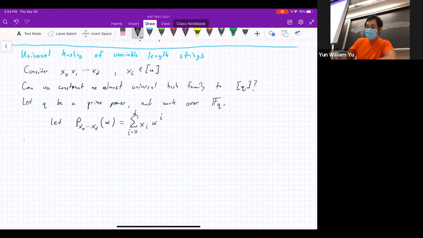And we're going to define our hash function. Hash functions, of course, need some random seed. They need some bit of randomness. So this family is going to be parameterized by some random value a, which is from our field.